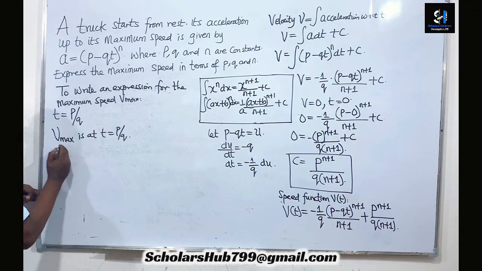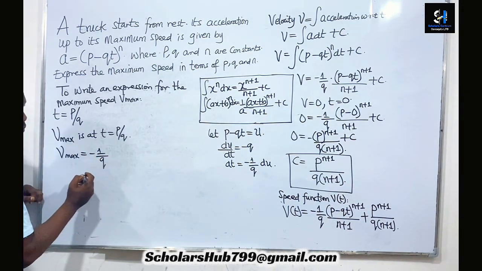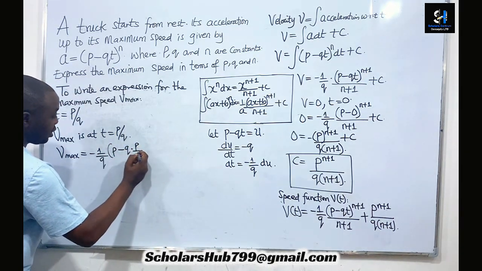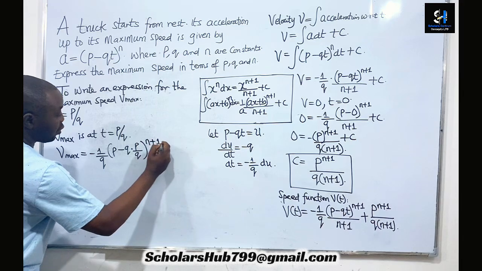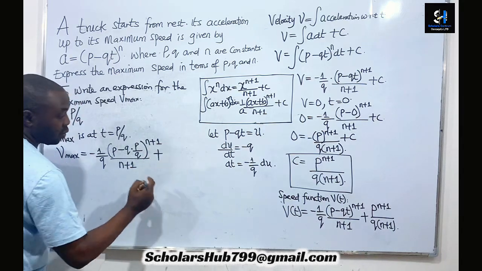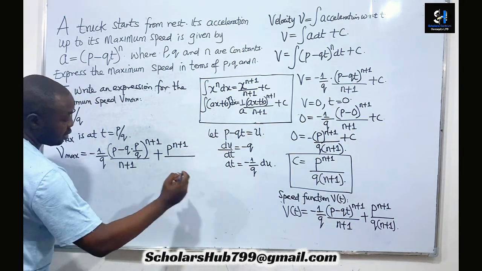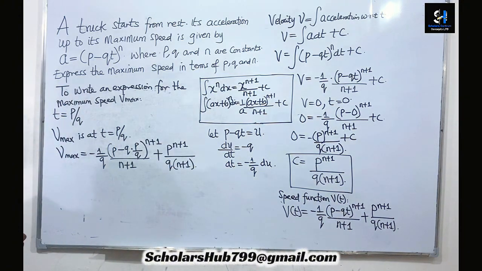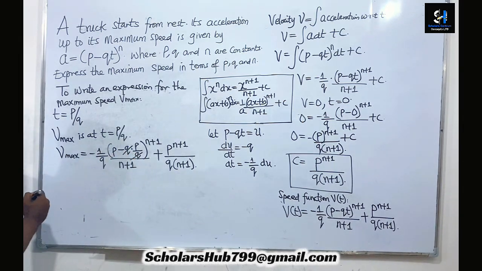So the maximum speed will be equal to minus 1 over q, then p minus q multiplied by p over q, which is t, raised to the power of n plus 1 over n plus 1, then we have p raised to the power of n plus 1 divided by q parentheses n plus 1. So in this case, q will cancel q.